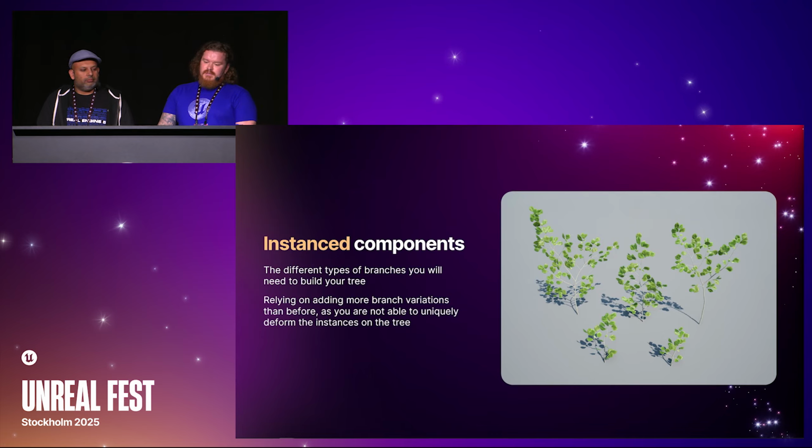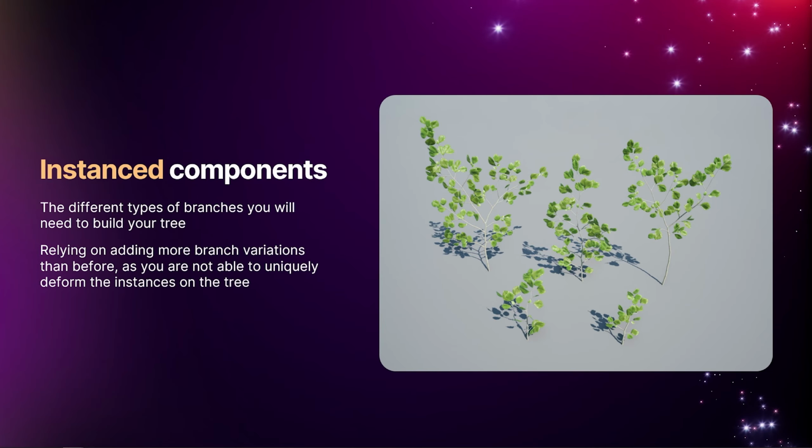These instance components are basically all the different branches or parts you will need to build your tree with, or even a plant and such as well. Since we're dealing with instances here, you may need to build a lot more variation of branches using this approach than previously, as you may want to have certain branches in different parts of your tree.